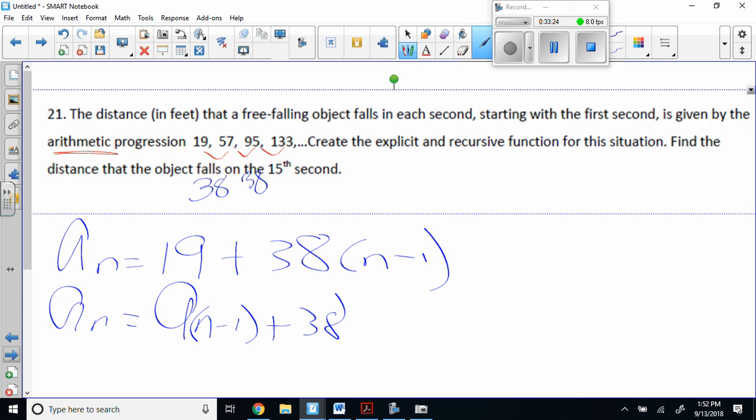So, what's going to happen on the 15th second? What do you think? Well, calculate it. You got a calculator. We put it in your hands. We just got to ask you to press the button.